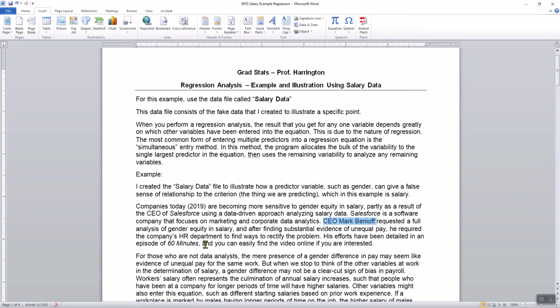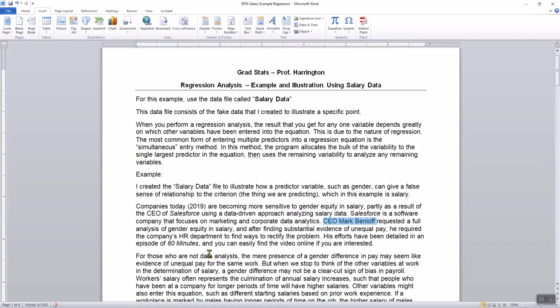He was convinced, because they have such a fair-minded work atmosphere at that company, he was absolutely convinced that there was no inequity between males and females in terms of the annual salaries that the employees were getting.